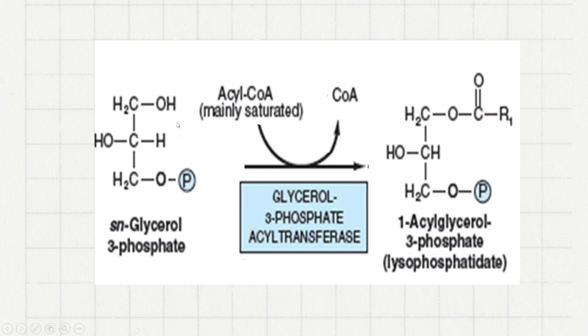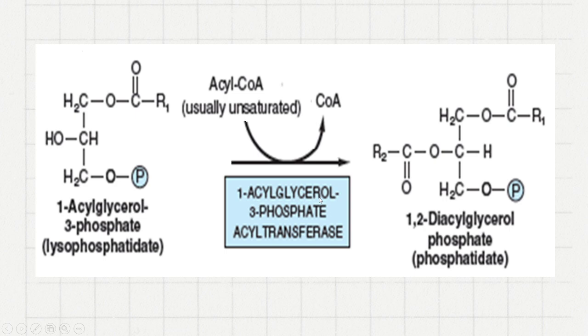So glycerol 3-phosphate, the active form of glycerol, in a two-step reaction by glycerol 3-phosphate acyl transferases will be successively acylated at position 1 to form 1-acylglycerol, and then at the second position to form 1,2-diacylglycerol.